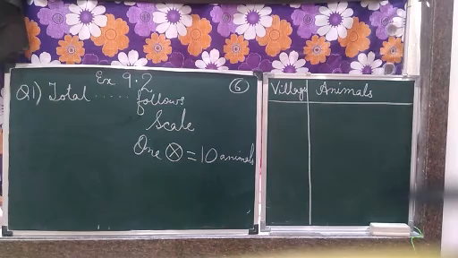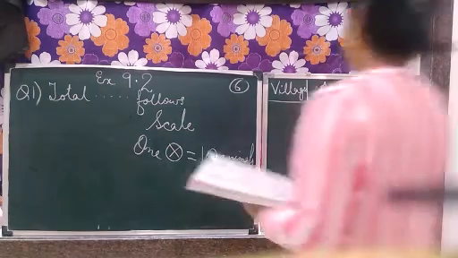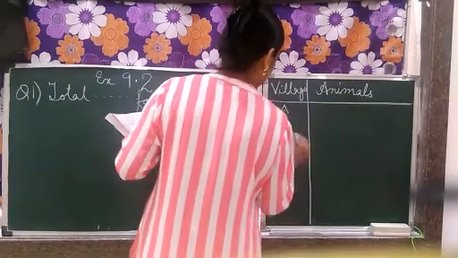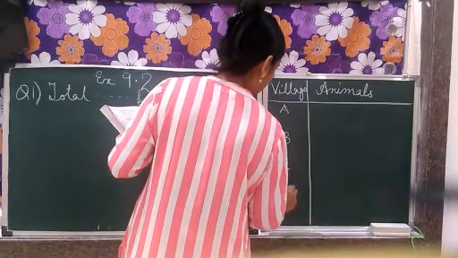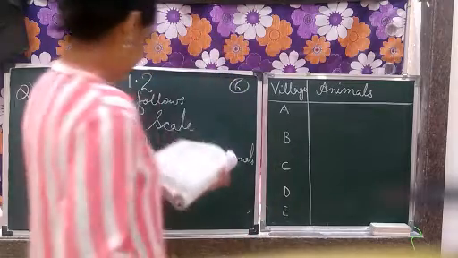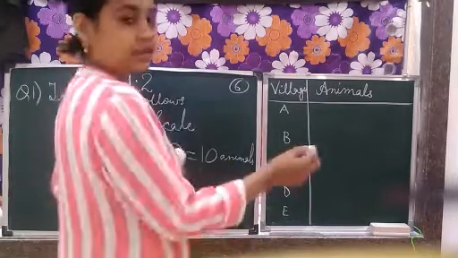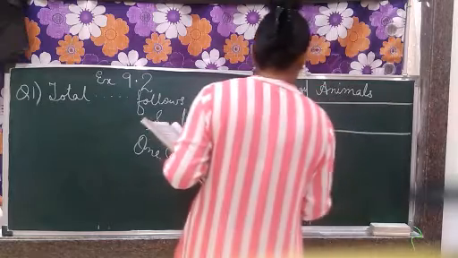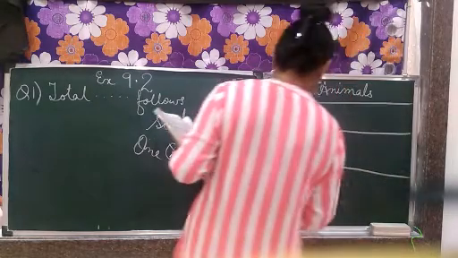So now village, that is A, B, C, D and E. So the first village, A. Village A, children. This is your line. If you want, you can draw the line like this also. I have drawn.